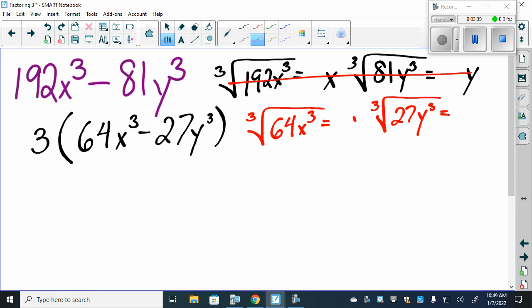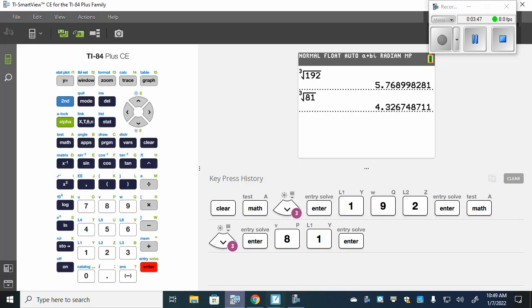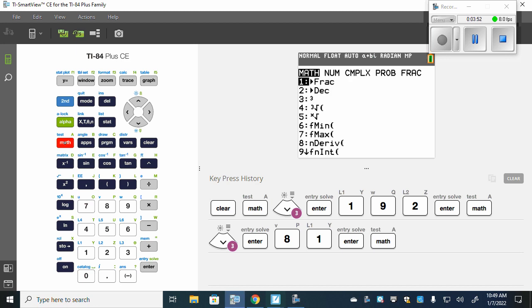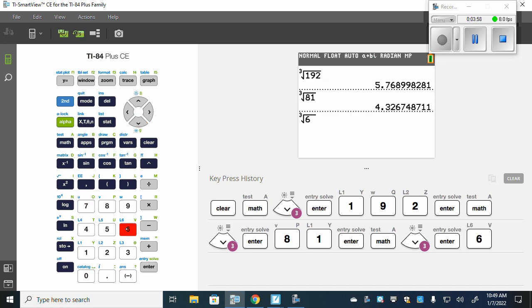Now the cubed root of x cubed is actually x. The cubed root of y cubed is still y. Now we can use the calculator to see what the cubed root of 64 is. So we can go math, go down to the cubed root, and hit enter, and plug in 64, and it tells us that it's 4.